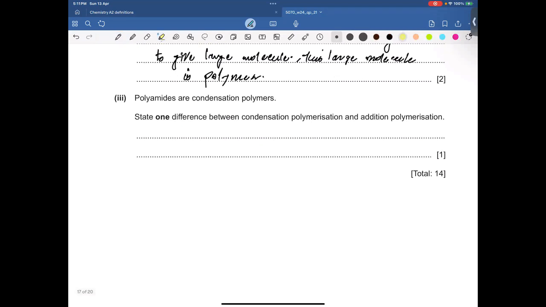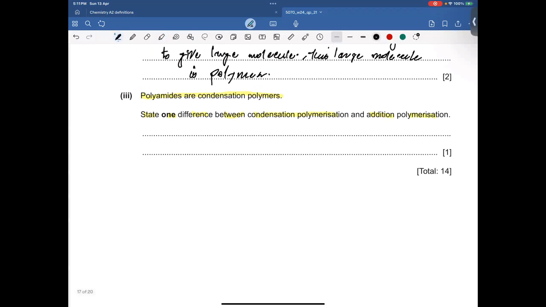Polyamides are condensation polymers. State one difference between condensation polymerization and addition polymerization. We have done that in class in extreme detail. In addition, no loss of mass occurs.